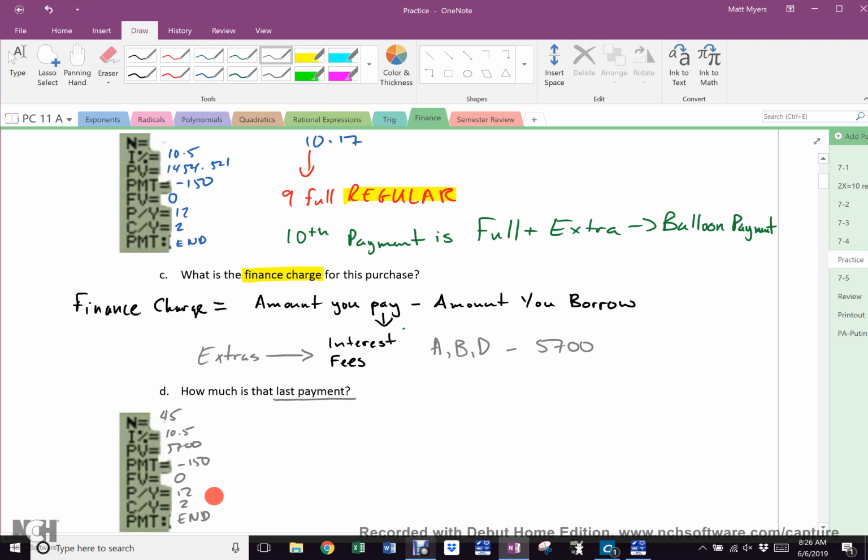Now, what's the problem with filling it out that way? Future value is where 0 is, right? Because we know 45 payments isn't covering it all, is it? Right? So here is where we alpha enter it. So what do you get?